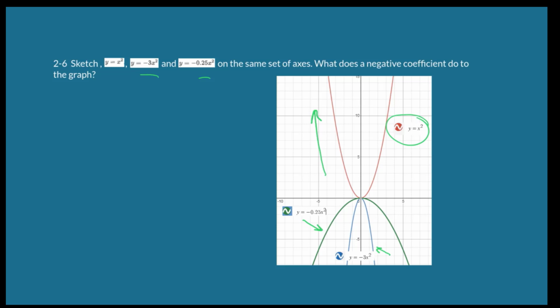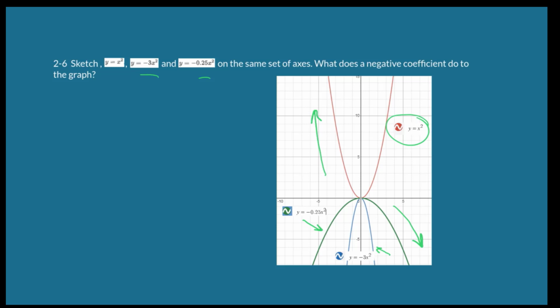You're looking for that output value. If I have a negative coefficient, and it multiplies by x squared, x squared no matter what is going to be positive, but I'm going to be multiplying it by a negative, which then makes our parabola go downward, okay? So a negative coefficient always produces a parabola that points downward.